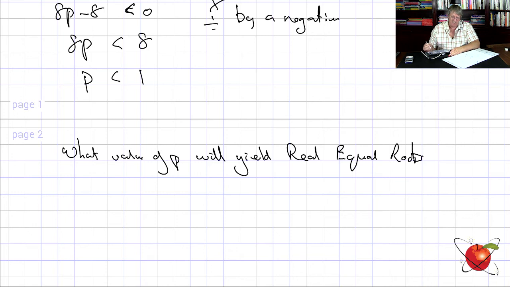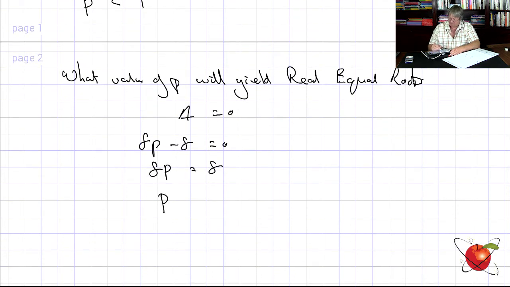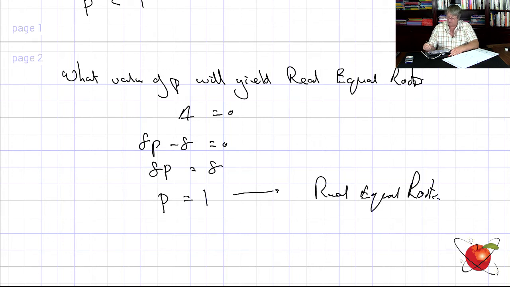We say that delta must be equal to 0. I have worked out delta already. It's 8p minus 8 must be equal to 0. Therefore, 8p must be equal to 8. Therefore, p must be equal to 1. And if I put p equal to 1, I will get real equal roots.